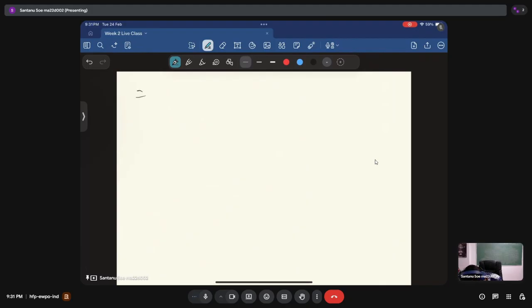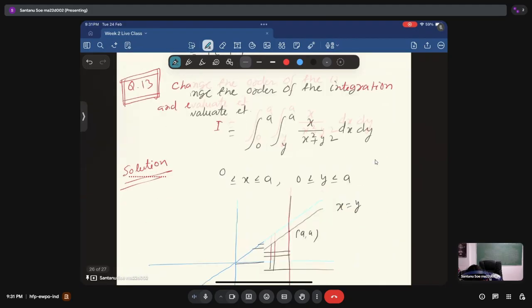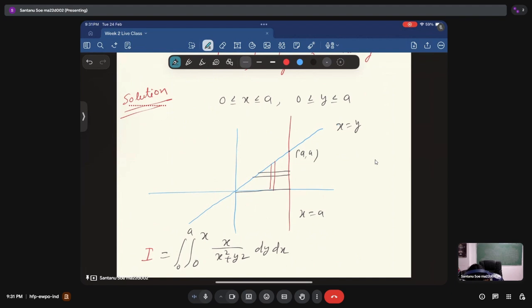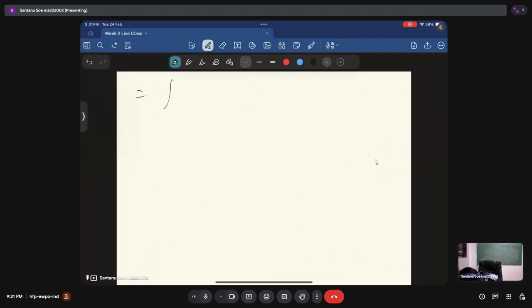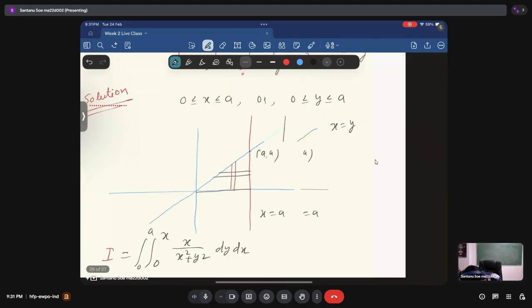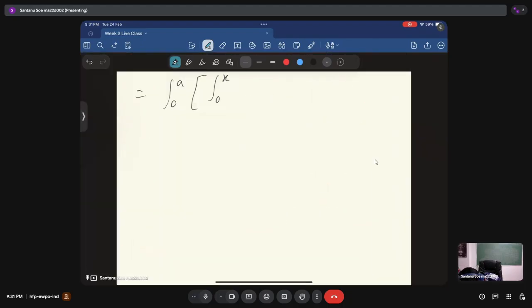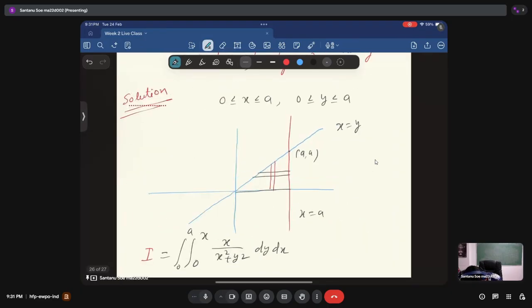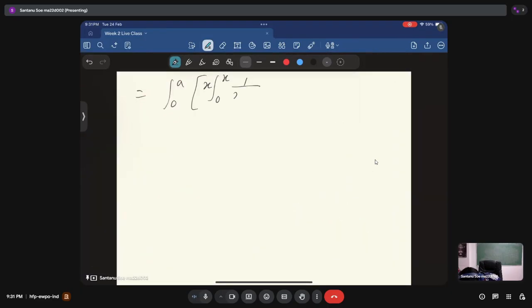Okay, so now first we will do the integration with respect to y. So that means integration 0 to a, this is 0 to x. This is x, and this will be 1 divided by x square plus y square dy, or maybe we can take x outside, and this will be dx.